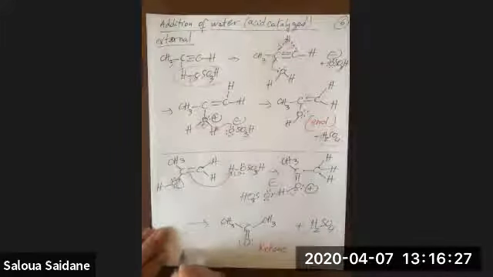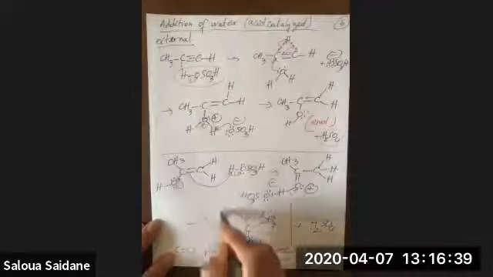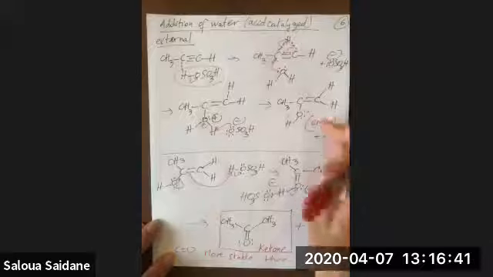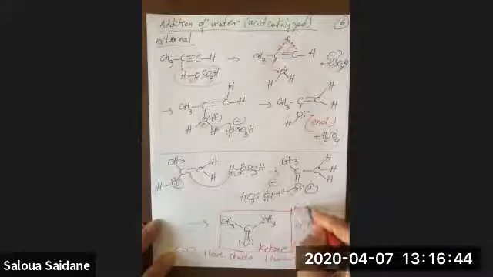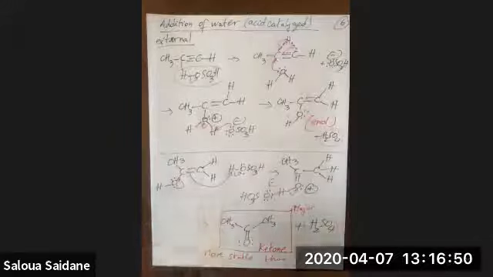A CO bond is more stable than a CC bond. So this would be your major product, okay? So it doesn't stop at the enol, it's gonna give you the major product, which is the ketone, okay? So this is the addition of water on an alkyne.